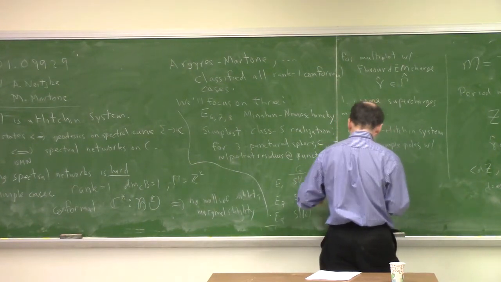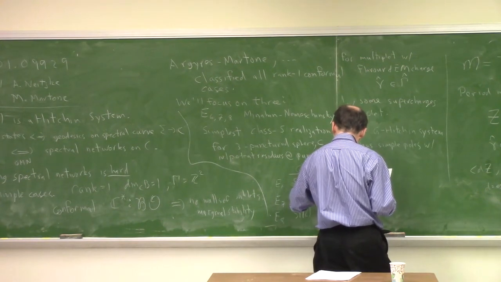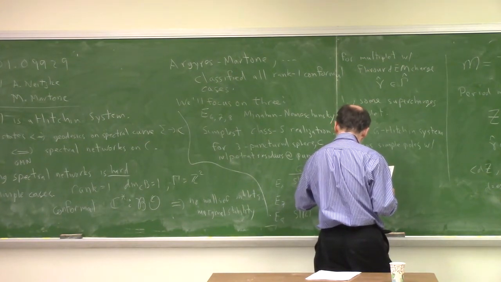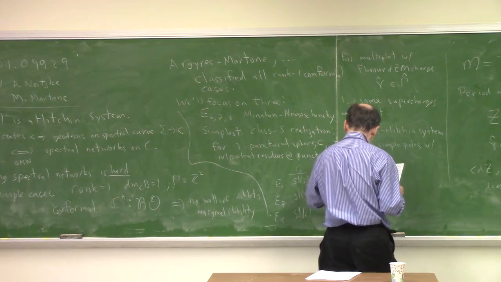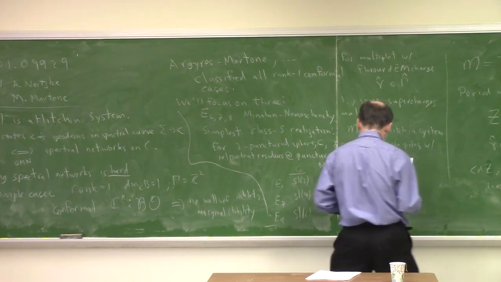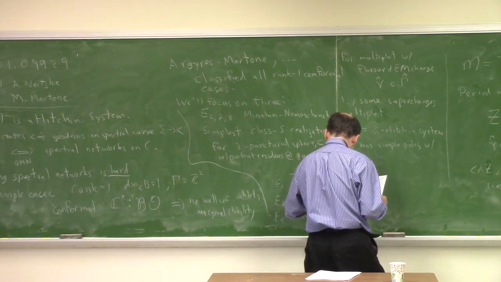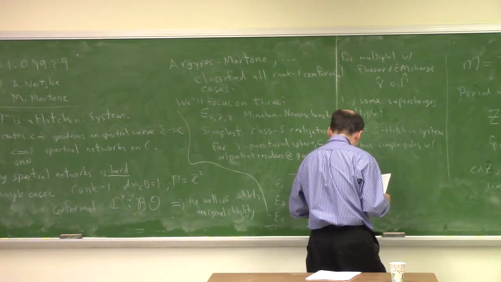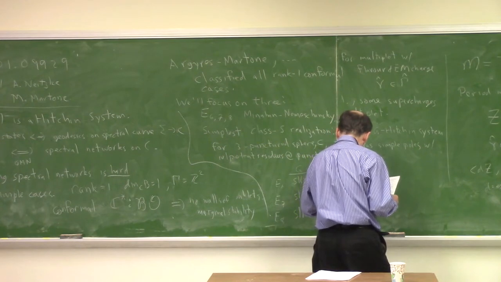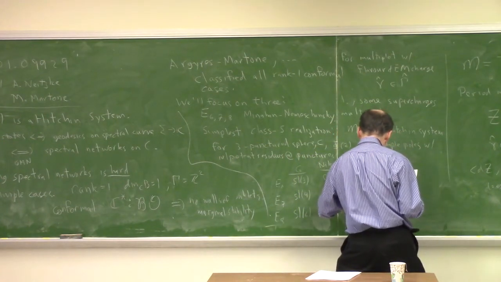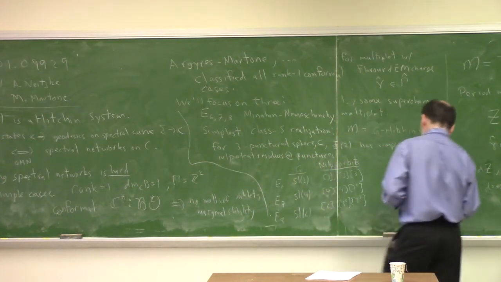In the E7 case, 2 copies of the regular orbit and 1 copy of the orbit labeled by the partition 2 squared. And then in the E8 case, 1 copy of the regular orbit, 1 copy of the partition 3 squared, and 1 copy of the partition 2 cubed.